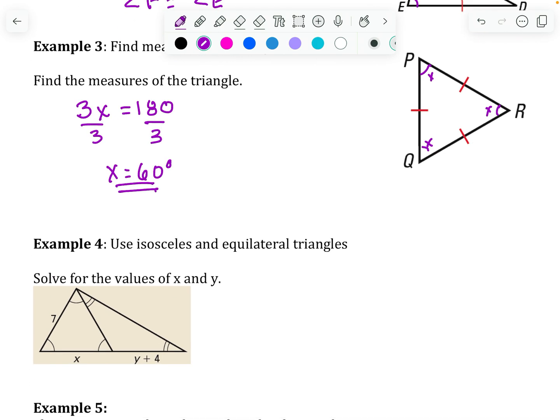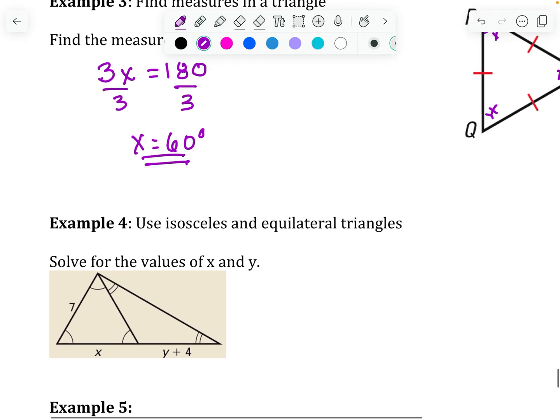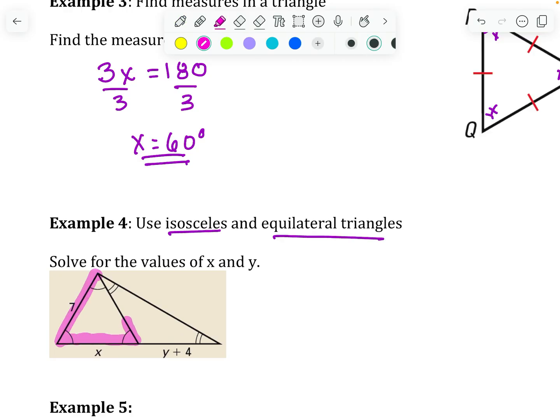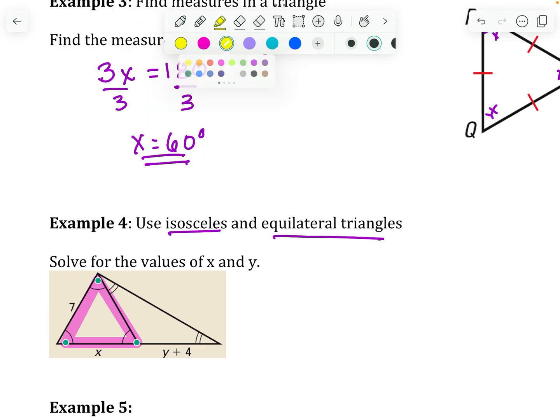So here we have a diagram that has an isosceles and an equilateral triangle. Here's my equilateral triangle, and here's the isosceles triangle.